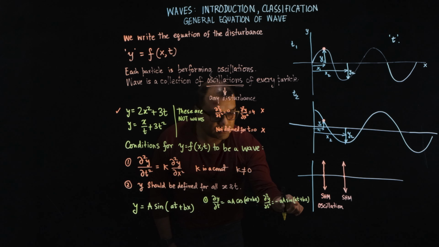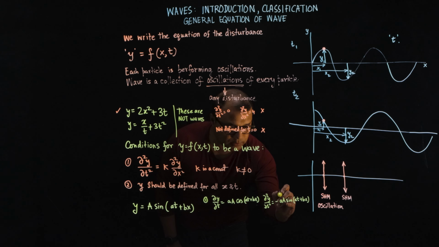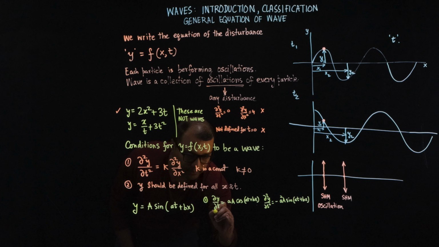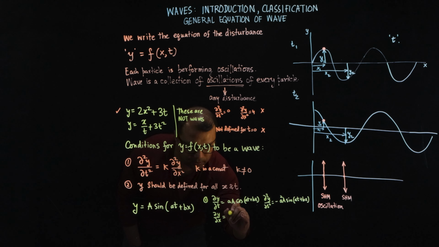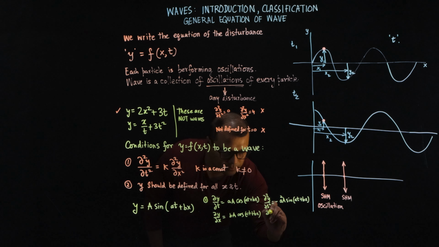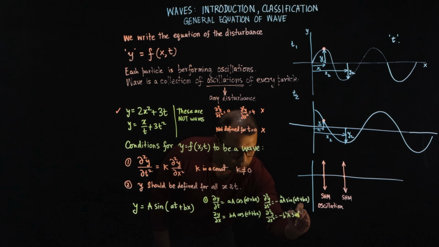But we also differentiated one more time, so a square. Now del y del x will be b a cos of at plus bx, and del square y del x square will be minus b square a sine of at plus bx.